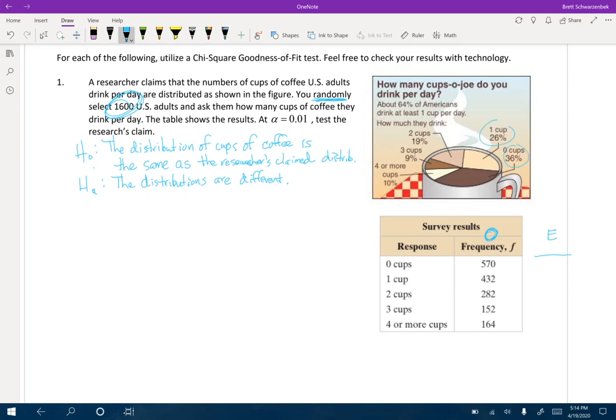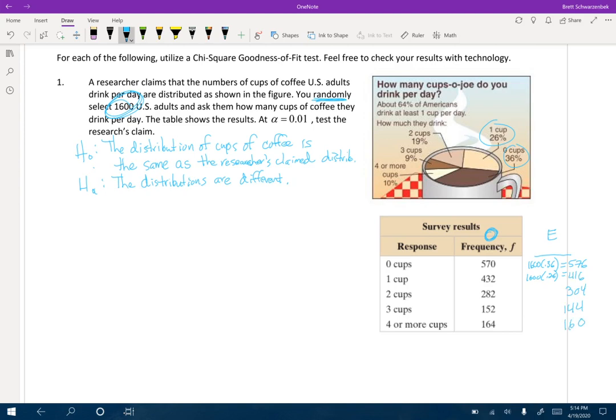So our first expected count is 1,600 times 0.36. That is going to give us 576. Our next expected count, 1,600 times 0.26, which is going to give us 416. If we continue on with that strategy, we're going to get 304, 144, and 160 as our expected counts.